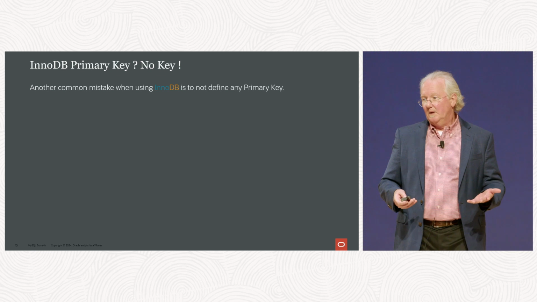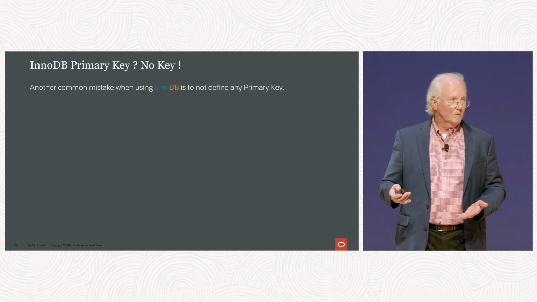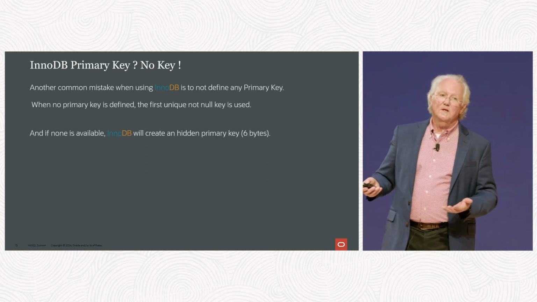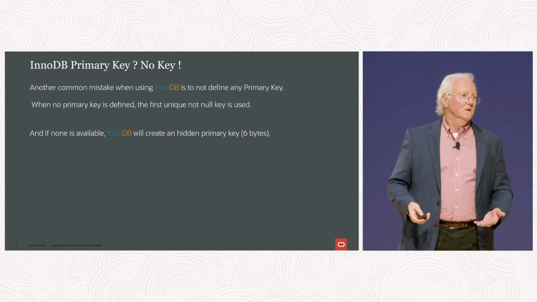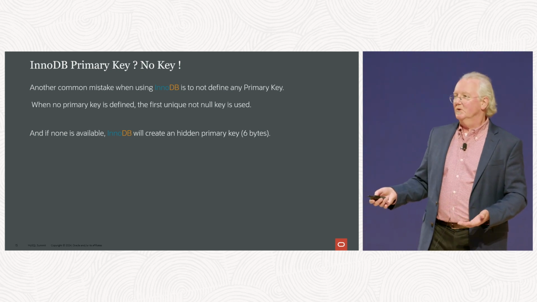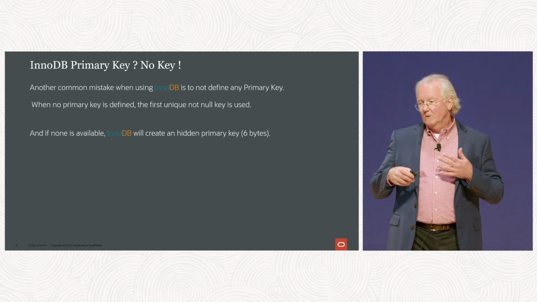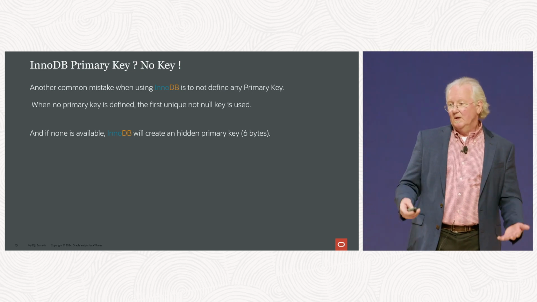So another problem is that sometimes people don't pick a primary key. So we'll pick one for you, right? We'll pick the first unique key, the first non-null unique value. Well, that's not going to end up being a good choice a lot of the time, right? You shouldn't do that. And so we create these hidden primary keys as well.